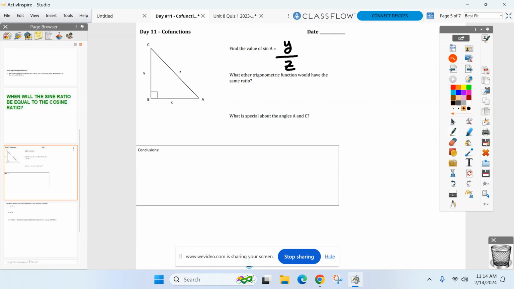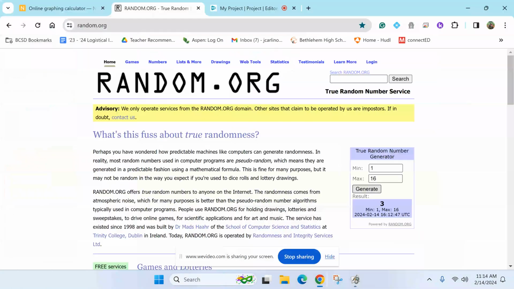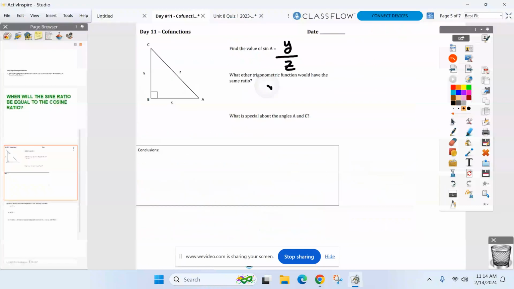Can you find me another function that also comes out to be y over z? Josh, good talk. Amy, how about you? Cosine C. Cosine C, excellent. So if I did the cosine of C, adjacent over hypotenuse, I would also get y over z.